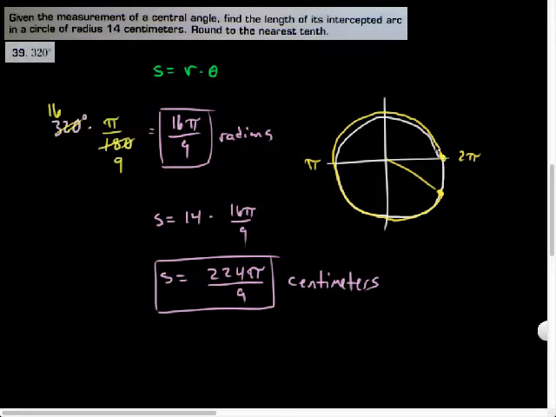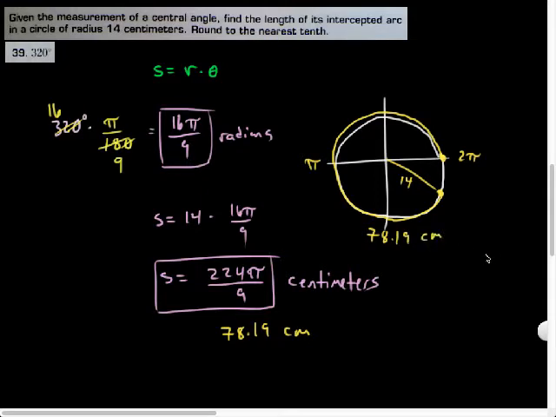So the distance around this whole thing would have been 224 pi divided by 9, which as a decimal approximation is 78.19 centimeters. So this radius was 14 centimeters, and the distance around this far is 78.19 centimeters.